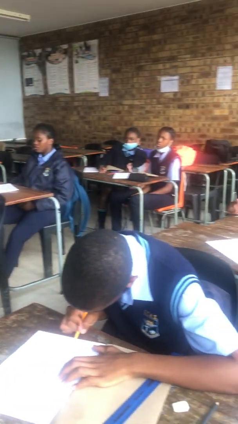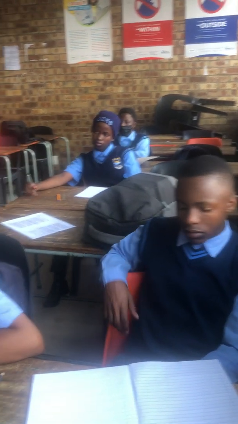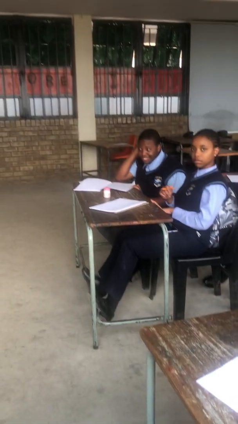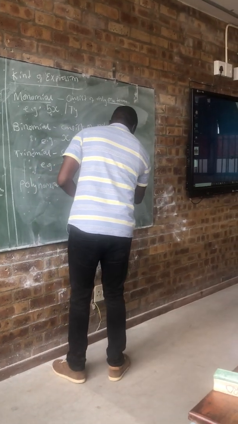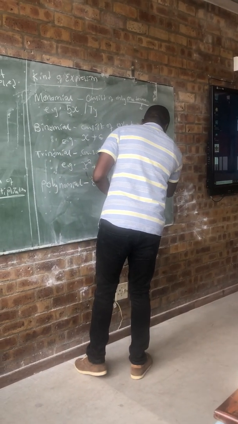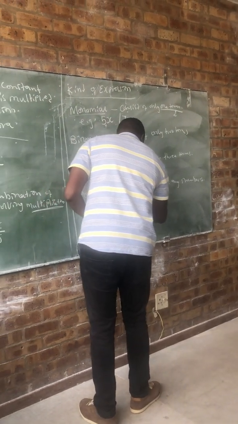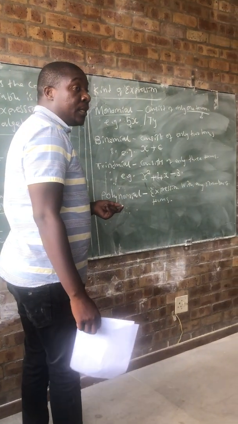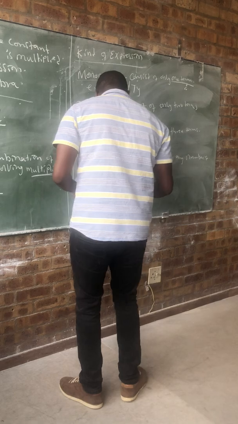And we also have the polynomial. A polynomial is an expression with any number of terms. Any number, that is the main thing. So we refer to them as polynomials.